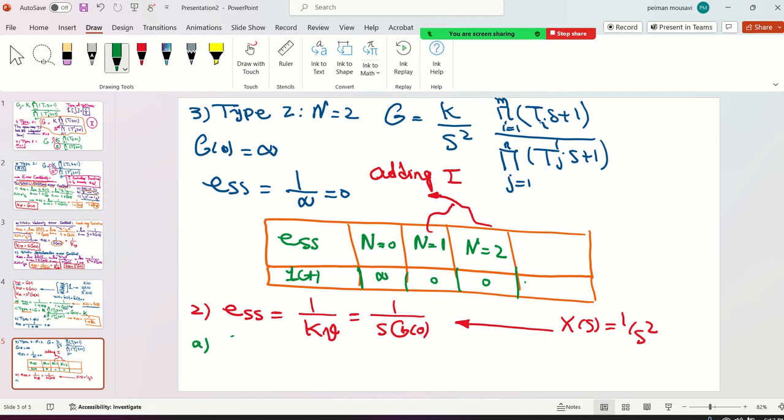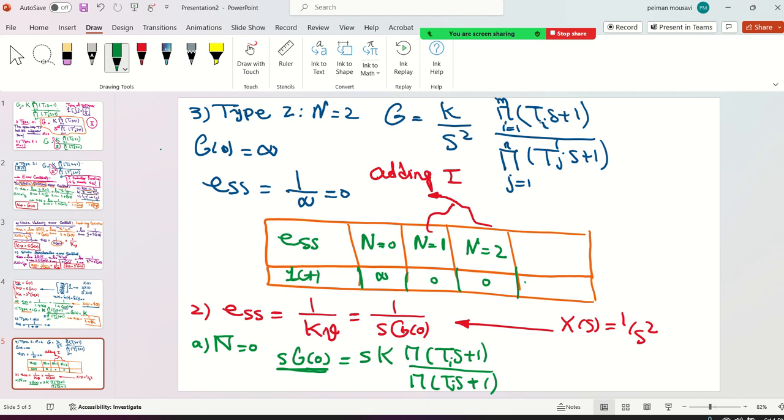Case 1: if the type of the system is 0, S G of 0 is going to be this: S times K, the product of T S plus 1 over the product of T S plus 1. I'm dropping the indices. You got it?